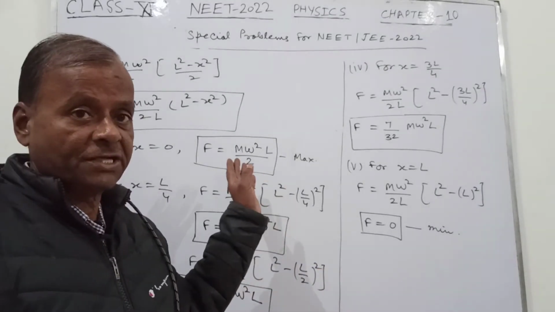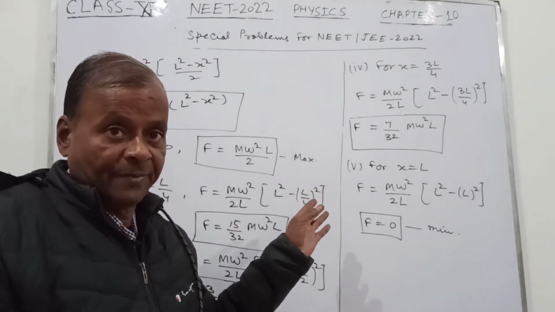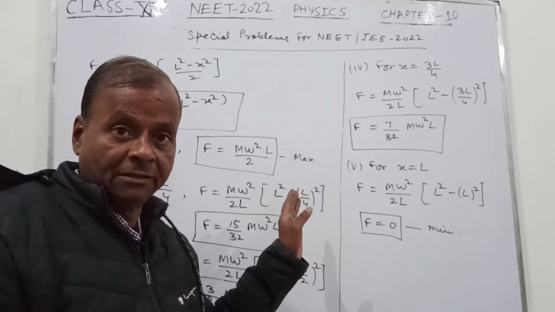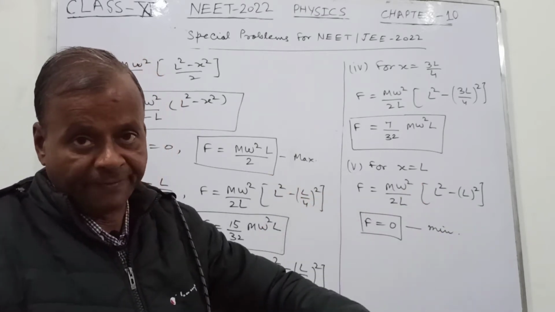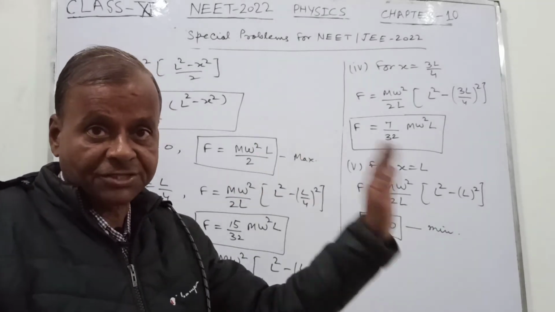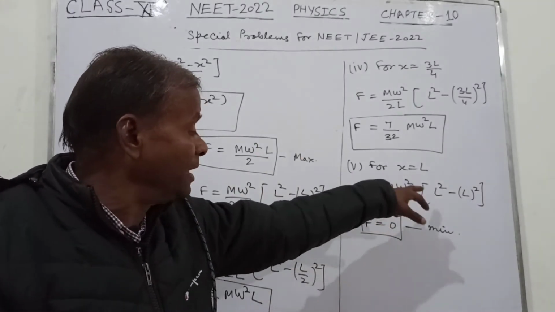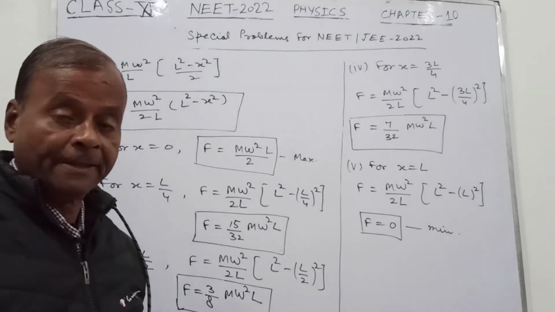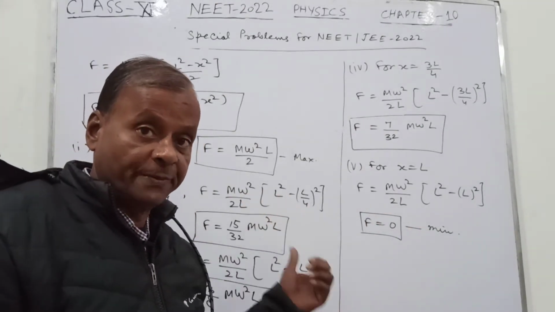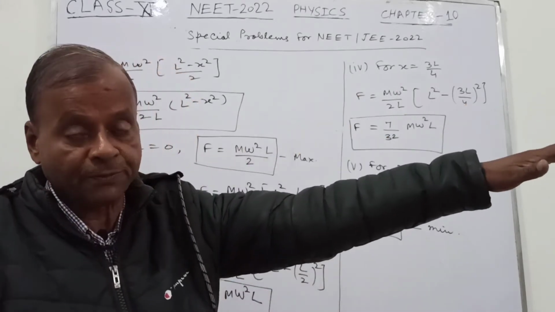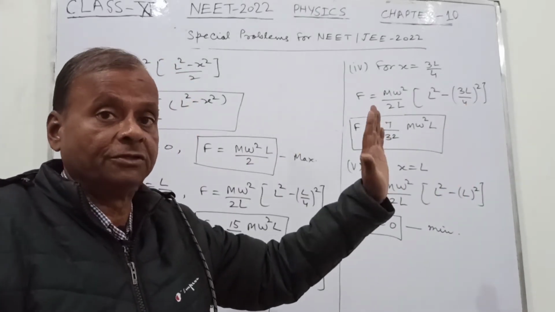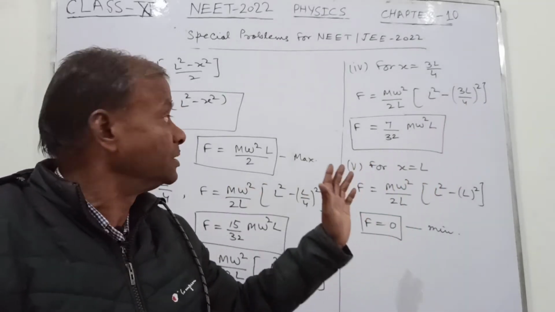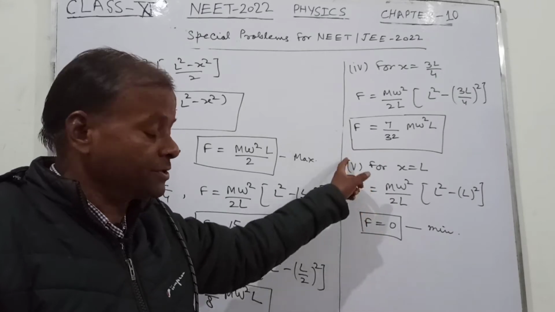As the distance increases from the axis of rotation, the force or the tension in the rod goes on decreasing. It becomes 0 at the last end. So this is x equal to L at point B that I have shown you in the figure. So at point A the force is maximum, and at point B, the last point, the force is 0, the minimum. So as we go away from the axis of rotation, this force decreases.